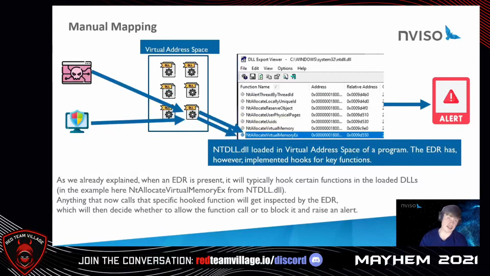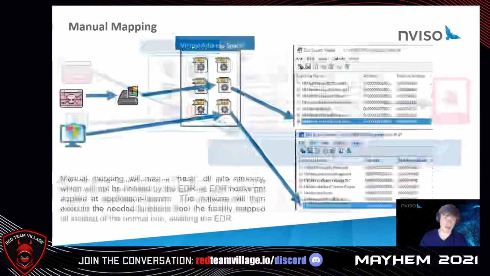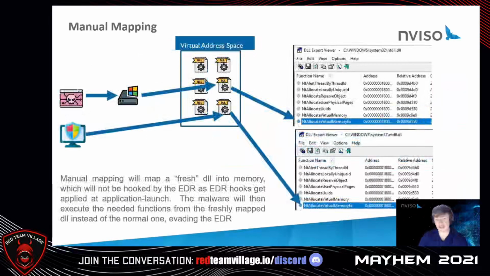Luckily, Rover actually thought about that and created the manual mapping behavior. EDR vendors tend to do their injection, so their DLL, at runtime. That basically means when your process spawns, it will inject the DLL into it and place hooks into the address space that is already there. Now, manual mapping maps the DLL that you want to use in memory after the process is launched, which means that it is a completely clean copy of a DLL and does not have those EDR hooks in place.